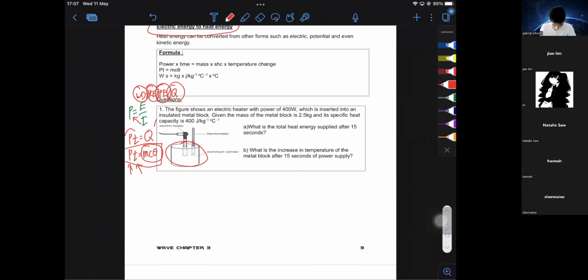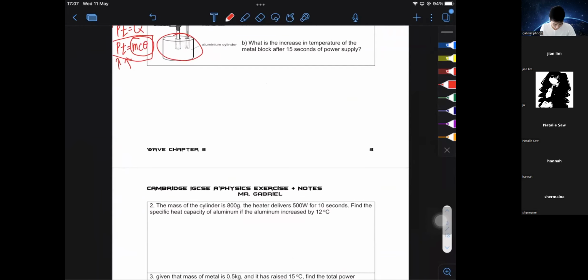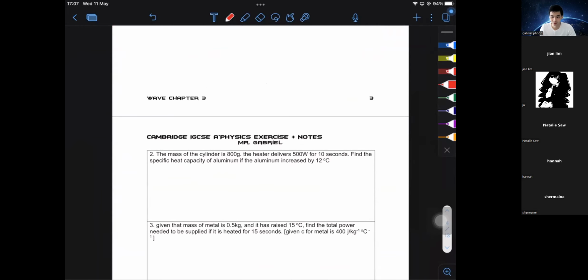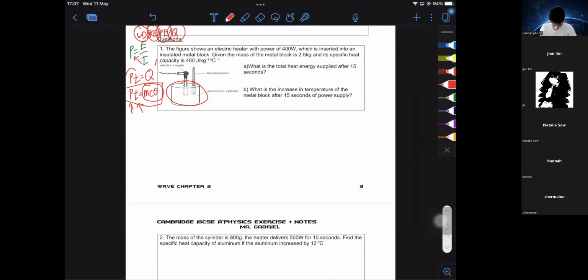Before we ended last week, I think I gave you guys some homework, right? I told you guys to do question 1 to 3, which I assume some of you guys did not do. How many of you guys did the homework, by the way, question 1 to 3? Can I have a raise of hands on Zoom? How many of you guys did this, question 1 to 3?